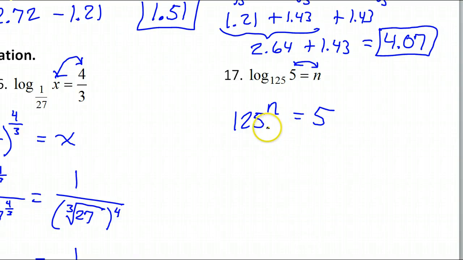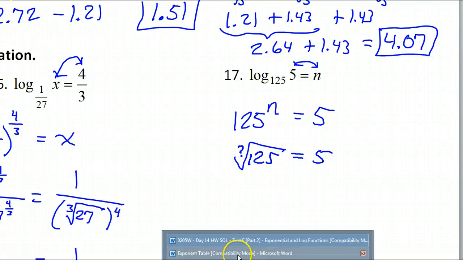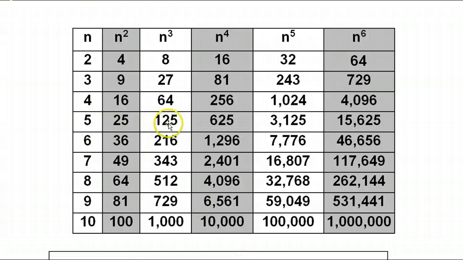In your mind at least, think about what kind of root would do this. Will it be square root, third root, fourth root? Let's check the chart. Look on the 5 row and look at the 125. There's 5, there's 125. So that's 5 to the 3rd power.